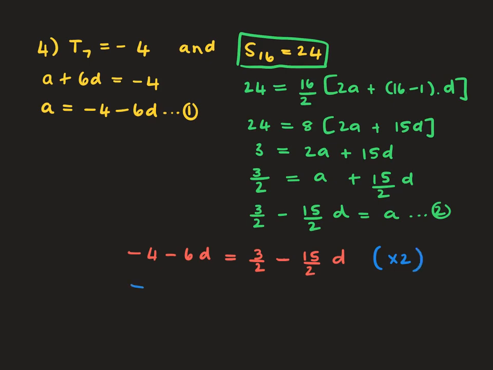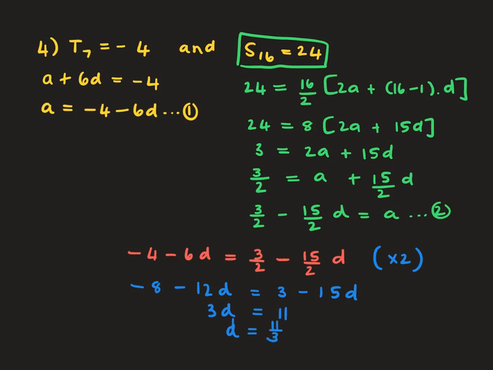So negative 4 times 2 is negative 8. Negative 6 times 2 will give me negative 12d. So this would then just be 3, and that will be 15d, right? Because both these terms have 2 in the denominator, when I multiply through by 2, they fall away. So now I'm working with nice whole juicy numbers. I get that 3d is equal to 11. So d is 11 over 3.